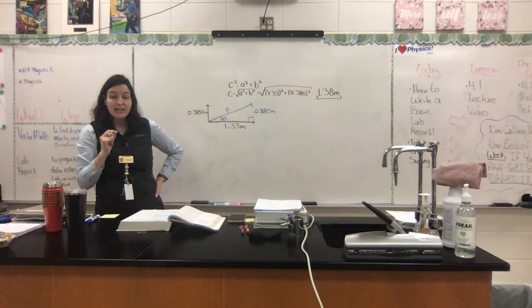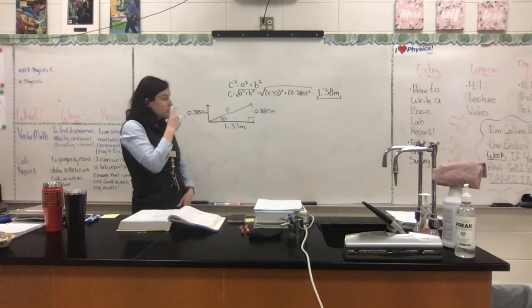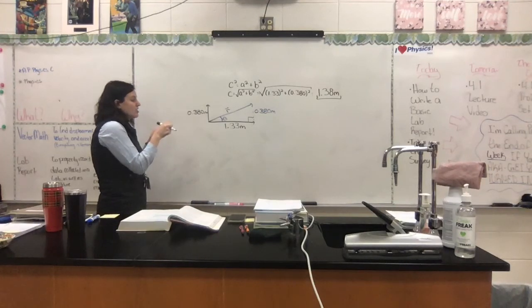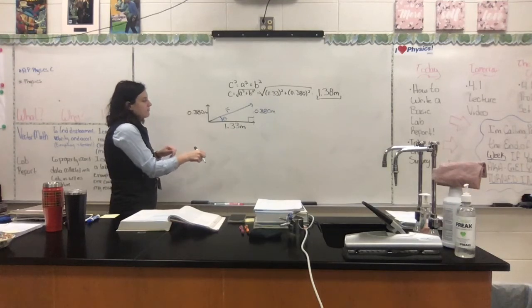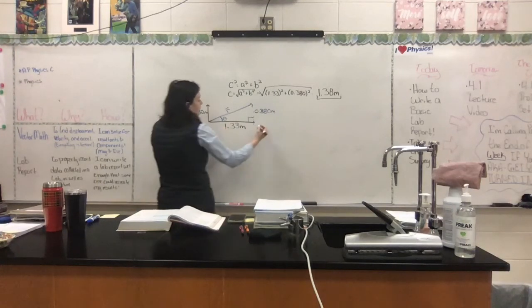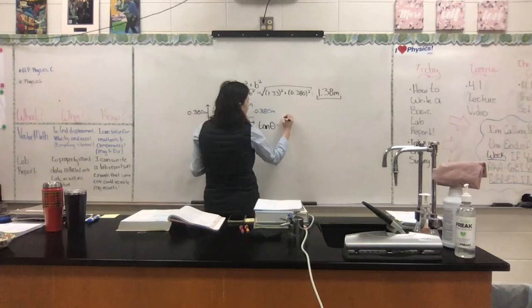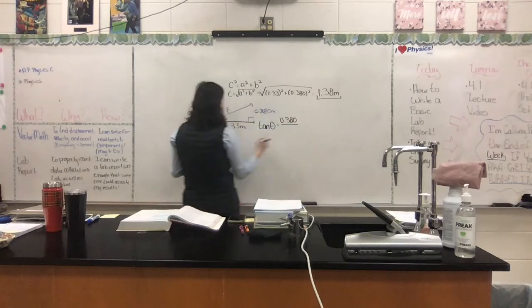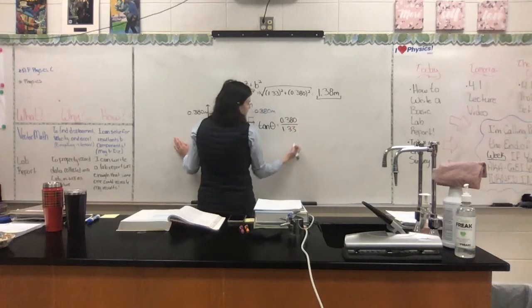Now, though, we need to know what this angle is going to be, okay? So if we go back to SOHCAHTOA, TOA is for tangent, and it's opposite over adjacent, right? So the tangent of theta is going to be equal to the opposite of 0.380 over the adjacent, which is 1.33 meters.